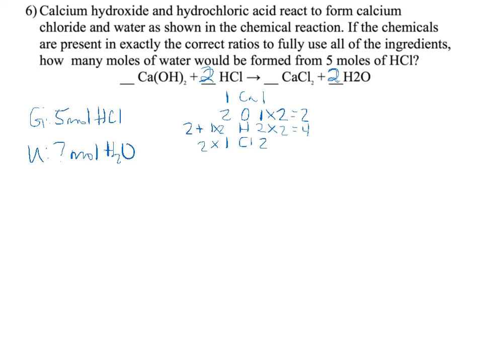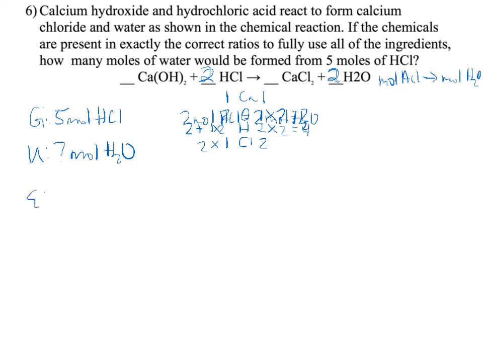So if we go to our mole map, that means that we're going from moles of hydrochloric acid into moles of water. This is a single step. Okay, so our equivalent statement is using our coefficient, so we just have to look. There's 2 moles of hydrochloric acid for every 2 moles of water. So 2 moles of HCl equals 2 moles of H2O.